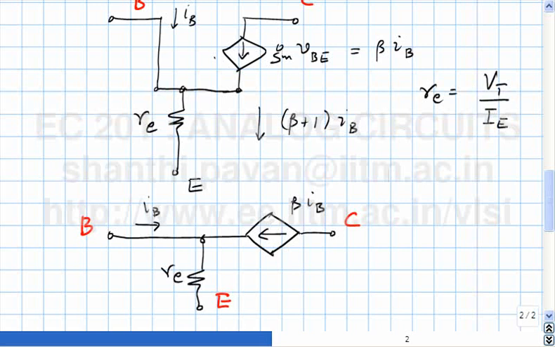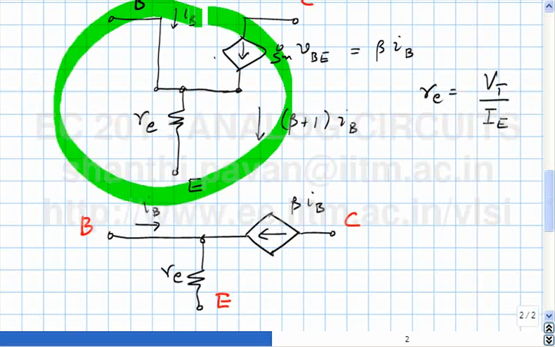You understand? All I have done is straighten this out and replace GM by beta times IB.